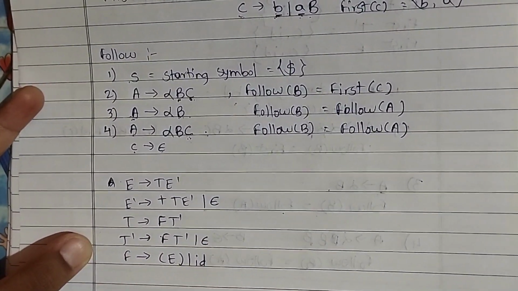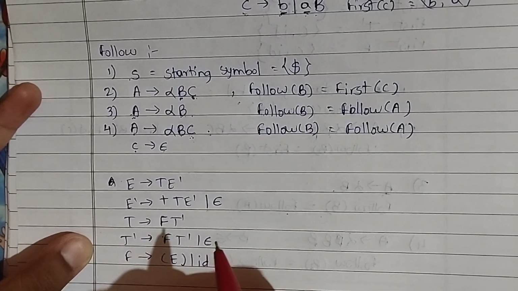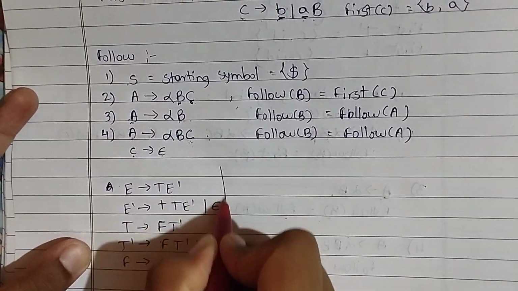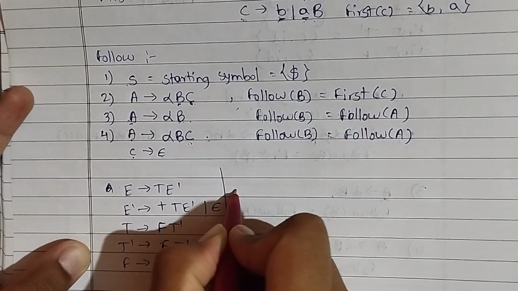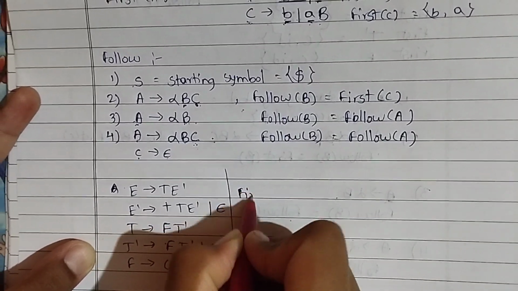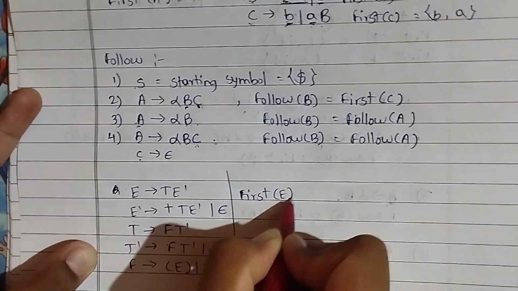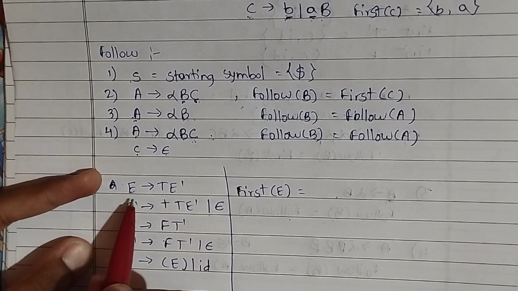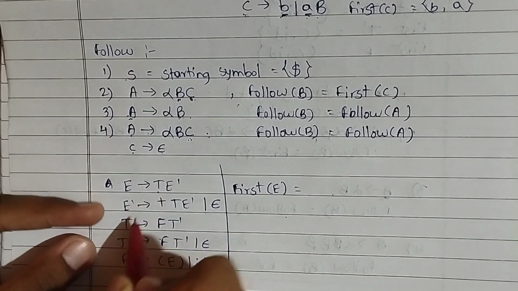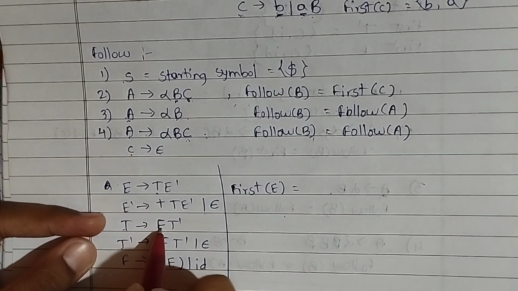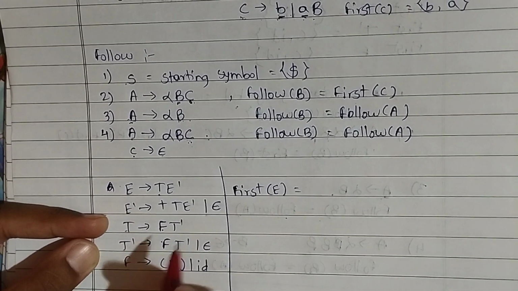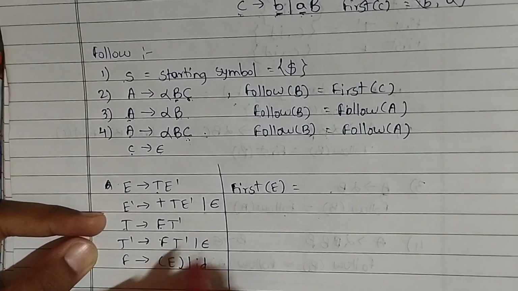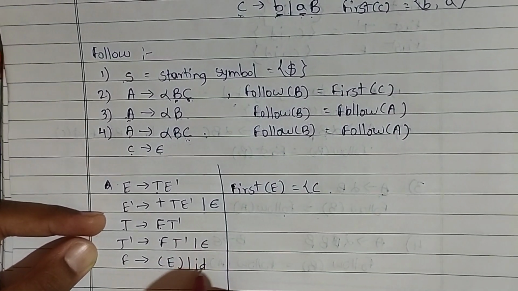Now we find the first and follow for this grammar. First we start from here. First of E is capital T. Now this capital T reads capital F. Now this capital F reads the opening bracket and ID.